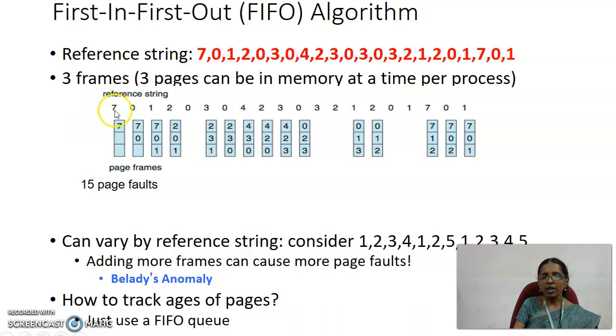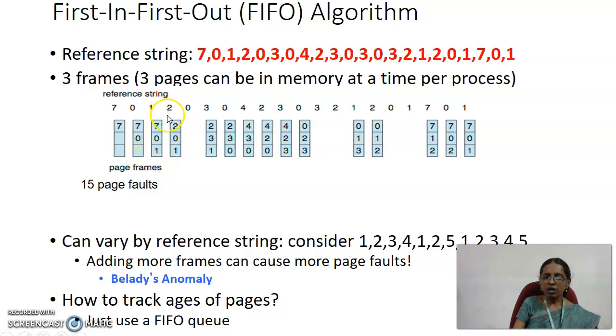All the frames are free in the main memory, so we can accommodate page number 7 in one of the frames. The next page is 0; we still find free frames, so we can accommodate it. Next is page number 1. Still you have some free space, so you can accommodate it here. Now all the frames are occupied.